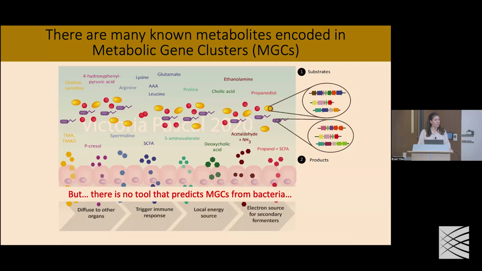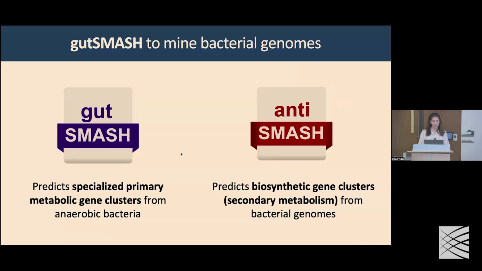And this is very interesting, but since there was no tool to predict such metabolic gene clusters, we decided to tailor the antiSMASH framework that was already working very well for biosynthetic gene clusters for secondary metabolism into gutSMASH, which Marnix already briefly mentioned before.